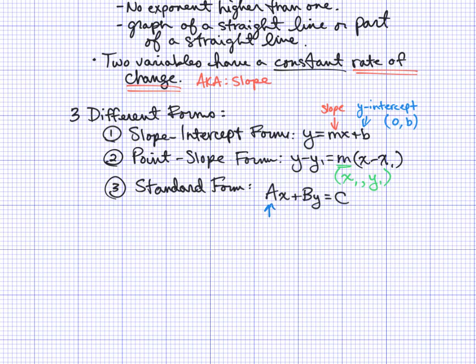The one thing we need to remember is that the leading coefficient a can't be a fraction or a decimal. If that's the case, then you're going to need to change this so that it doesn't have a leading coefficient that's a fraction. That's sort of simple to do.